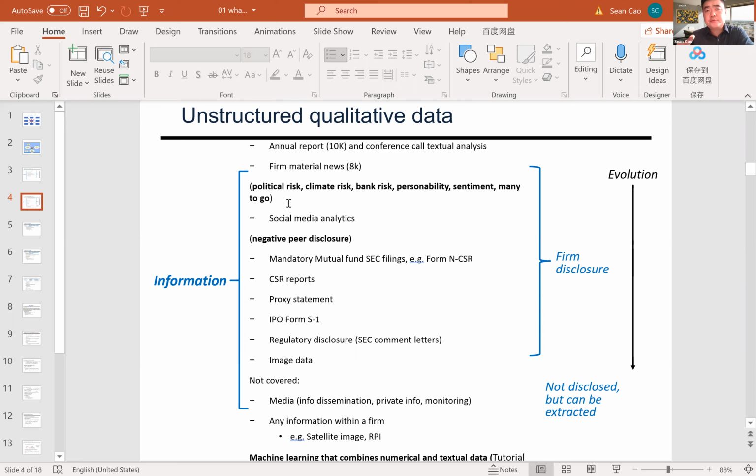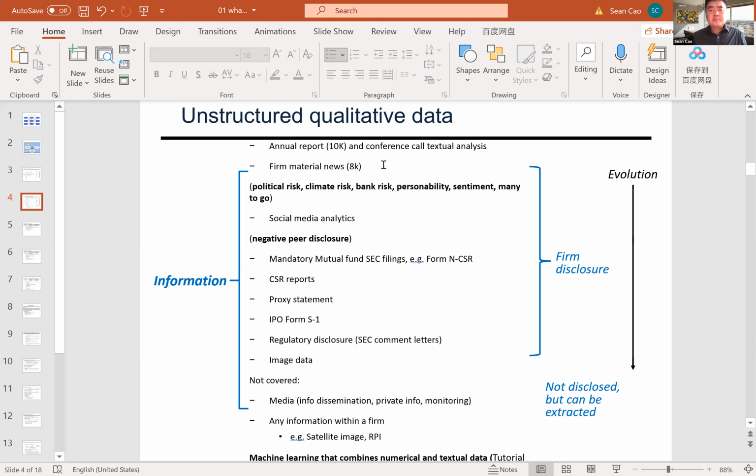So how exactly can we measure the political risk of the firm? When the U.S. president changed from Donald Trump to Biden, how do we know the political risk will affect some companies more and some companies less? This is something you can use textual analysis for. Basically, managers talk about the political risk of the firm. For example, some CEOs say, our firm is subject to severe political risk.